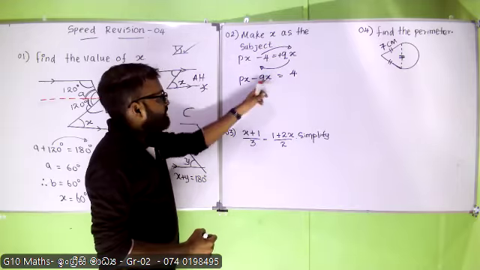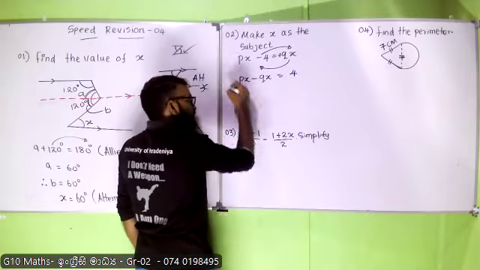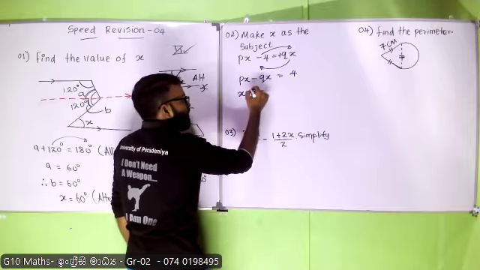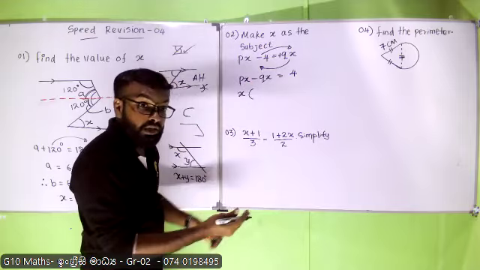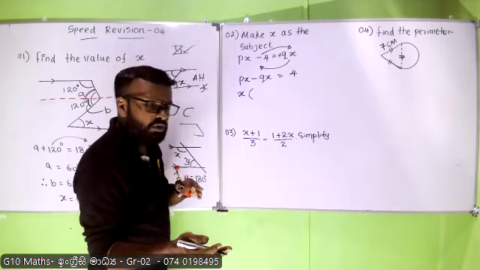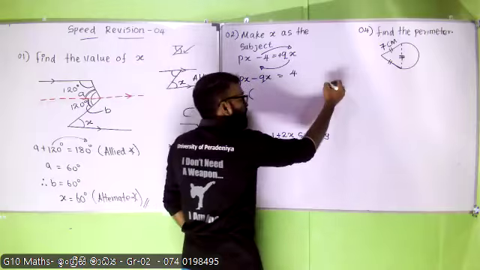Take x out from the bracket. If you take your common term out from the bracket, what are the remaining terms?